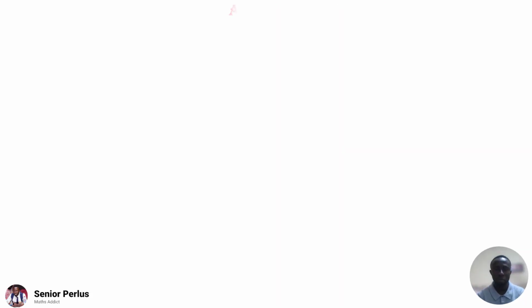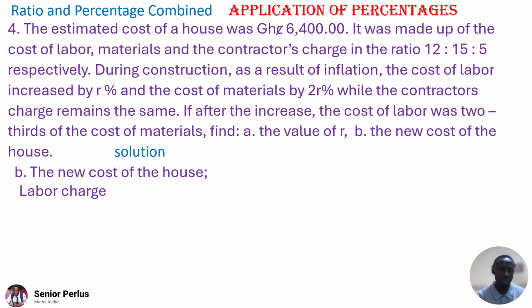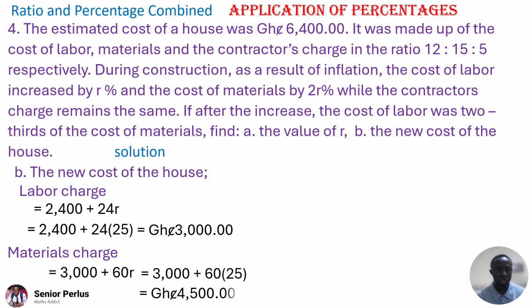For the new cost of the house, that is the new cost of labor charge after this inflation increase, with R as 25, plus the new cost of the material, plus the contractor.